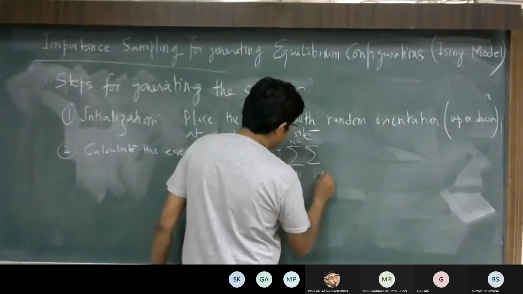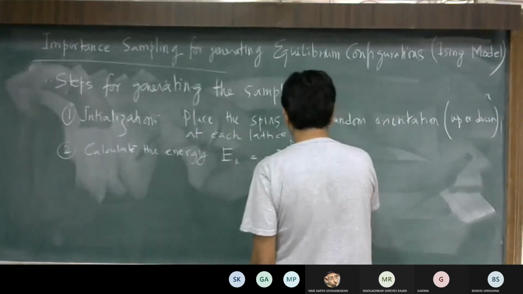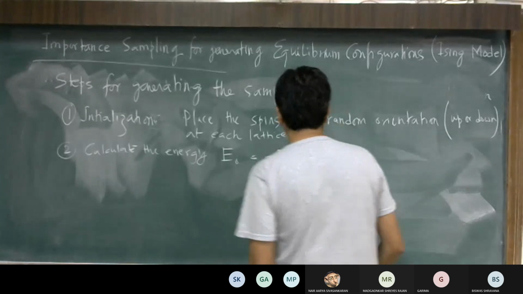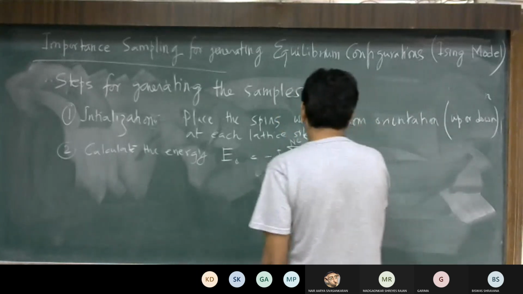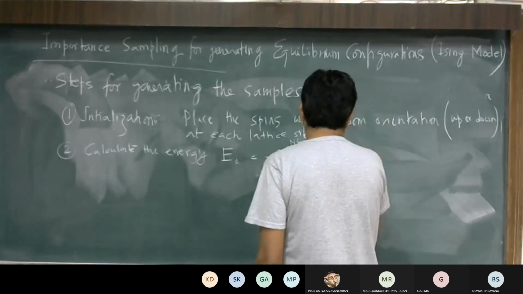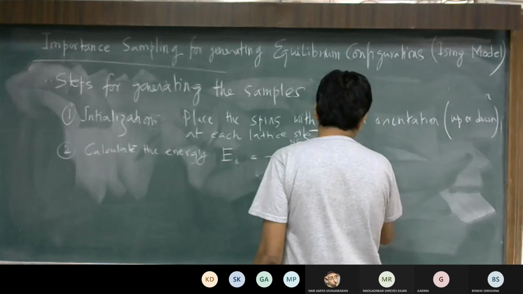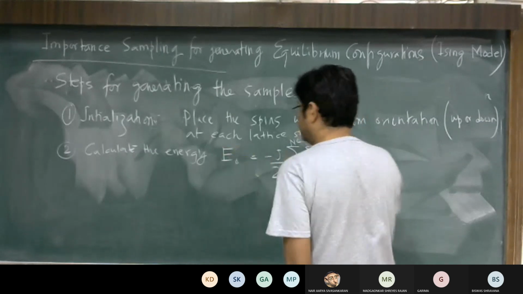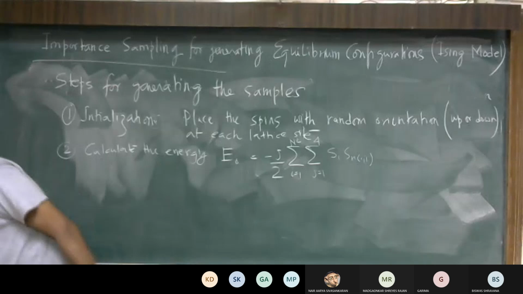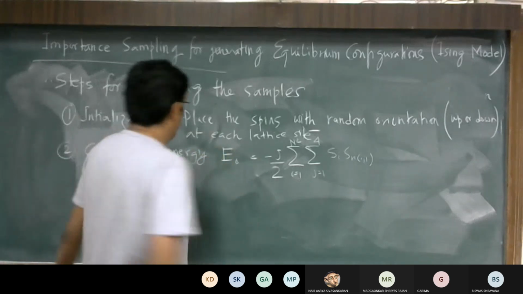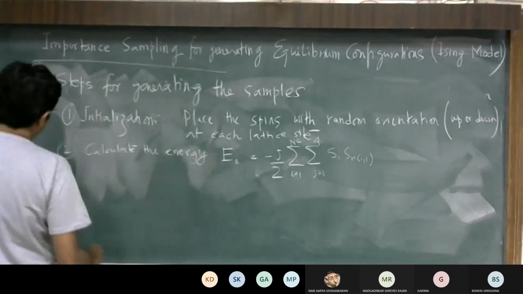And then this j index goes from 1 to the total number of nearest neighbors, which for the 2D Ising model just happens to be 4. And then you have this S_i, and then you basically sum over all the nearest neighbors, and that gives you the form of calculating whatever is the initial energy of the system.